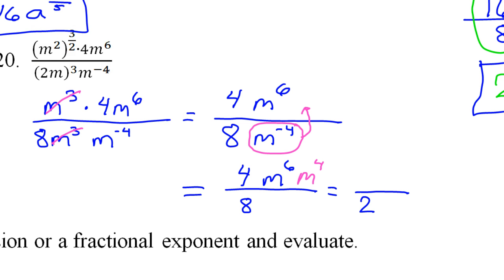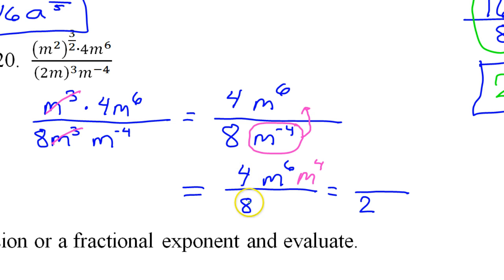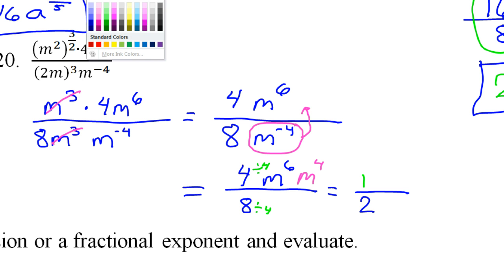Technically, a way to think about it: we are reducing this fraction, so we're dividing the numerator and the denominator by 4. So 4 divided by 4 is 1. 8 divided by 4 is 2. But look where it is. It's in the denominator.